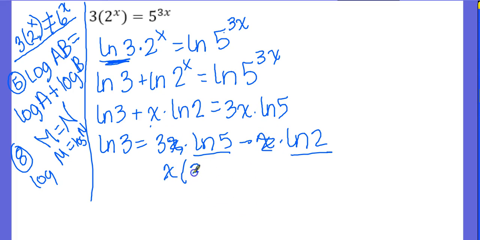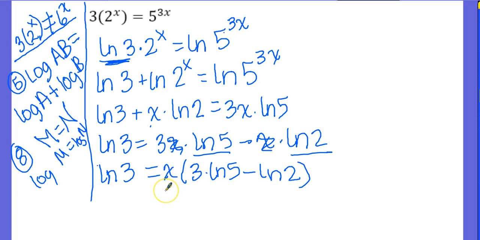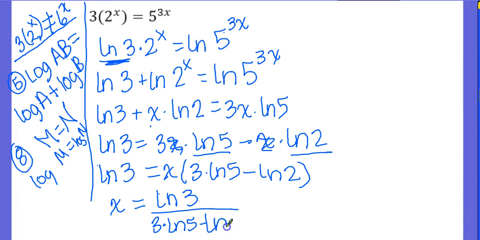So x times 3 times the natural log of 5 minus the natural log of 2 equals the natural log of 3. And I've finally separated my x from everything else. Now I just need to move this everything else to the other side of the equation through division, correct? So if you don't mind, I'm going to write it switching sides. Natural log of 3 divided by 3 times the natural log of 5 minus the natural log of 2.